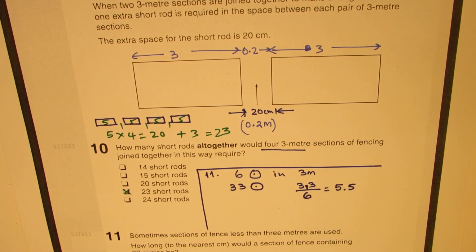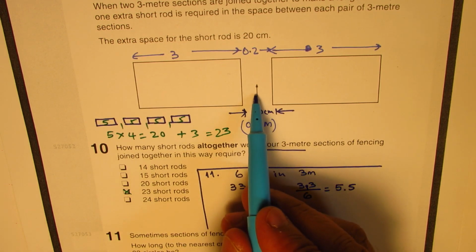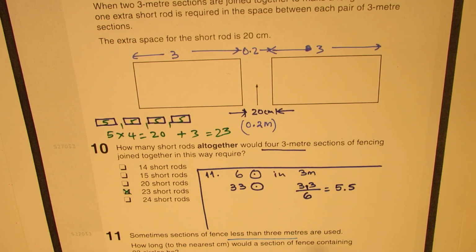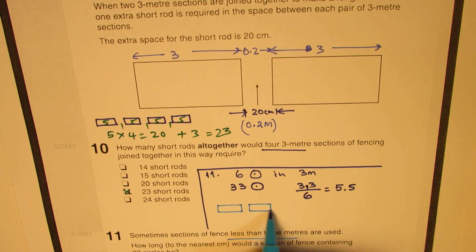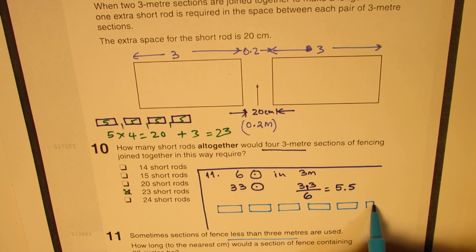5.5 sections. Now it says very clearly, sometimes sections of fence less than 3 meters can be made, right? So we'll use this concept to add in between, correct? So we have 5.5. So let me make 5.5 sections of 3 meters. 1, 2, 3, 4, 5, 5 full and a half.